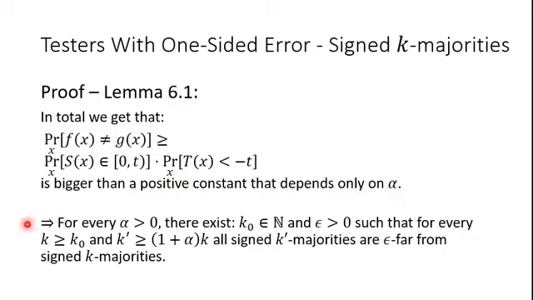So we have proven our lemma that for every alpha larger than 0, there exists some k0 in the natural numbers. We can choose one that's large enough, and positive epsilon, such that for every k at least k0 and k prime at least 1 plus alpha k, all signed k prime majorities are epsilon far from signed k majorities.